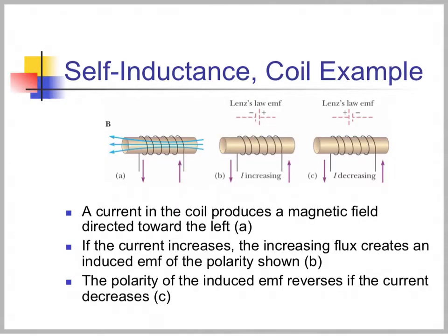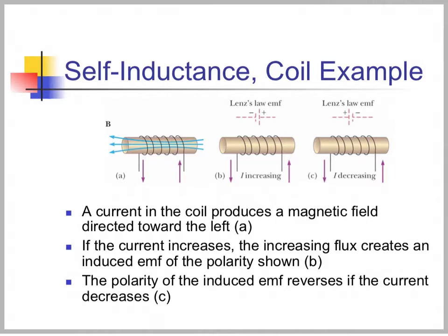So if I look at a coil and try to understand this EMF, in A, there's a current in the coil that produces a magnetic field directed towards the left. If the current increases, the increasing flux creates an induced EMF with a polarity as shown in the picture that opposes the current.